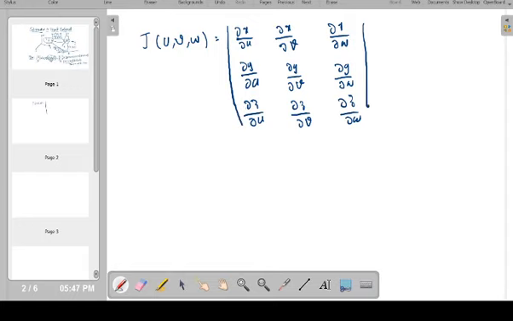This determinant is called the Jacobian, and its absolute value has to be taken for integration purposes. Okay, we will see an example. Find the Jacobian for the transformation.